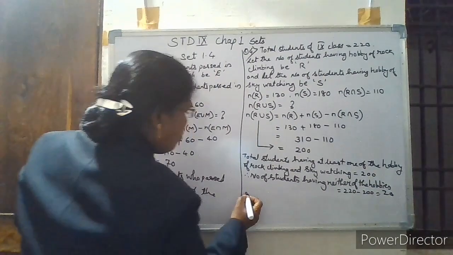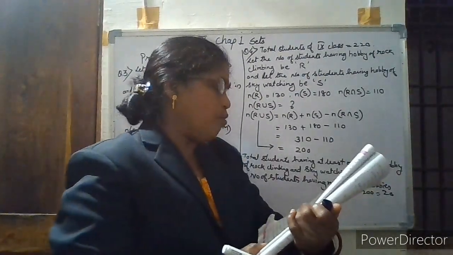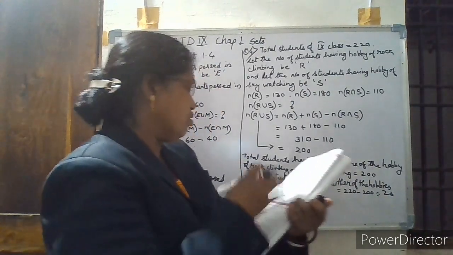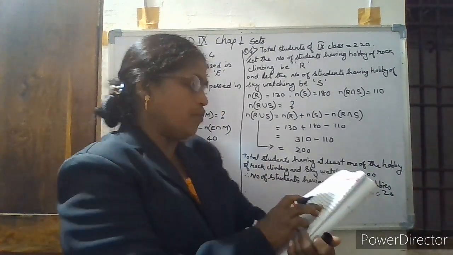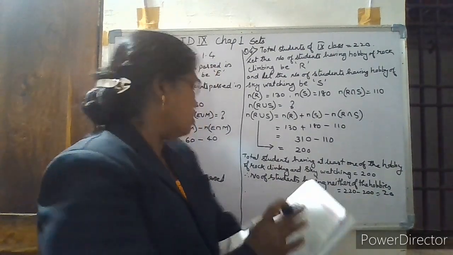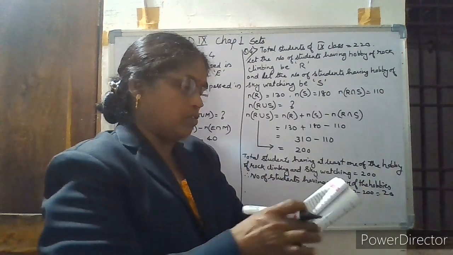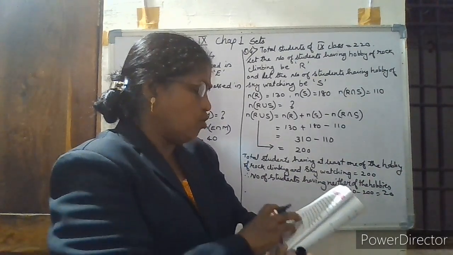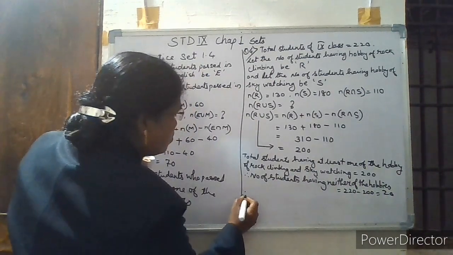Now the next question is, we have to find out how many students do not have any of the two hobbies. This is 20, the answer. Then, how many students follow the hobby of rock climbing only?